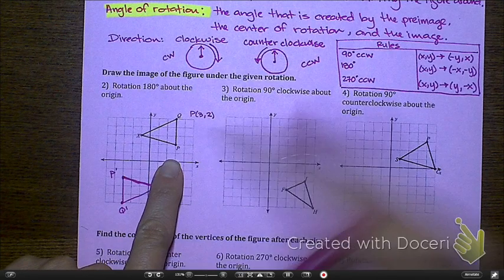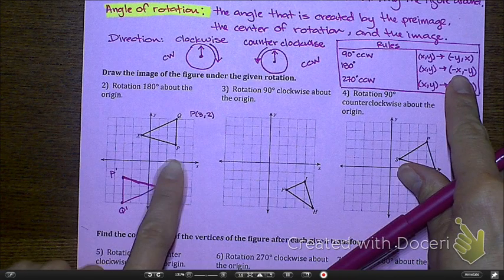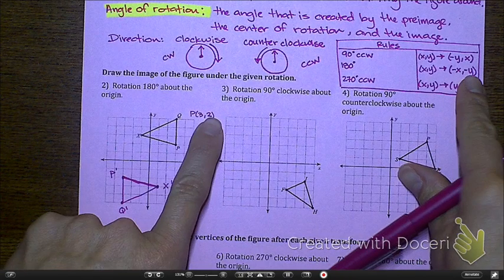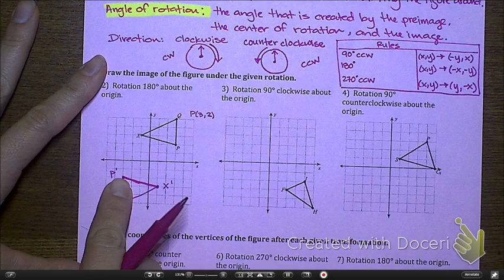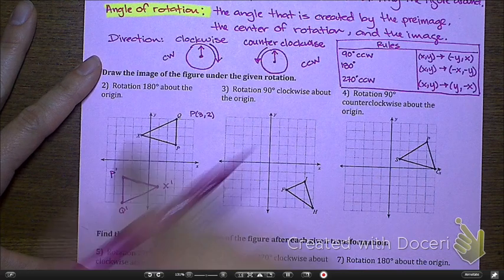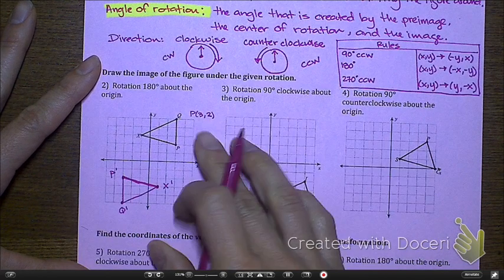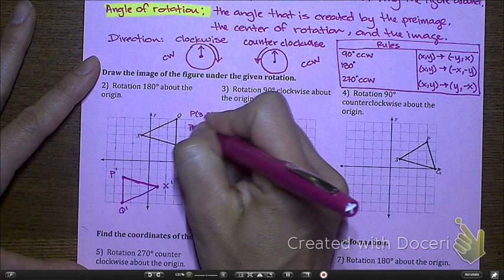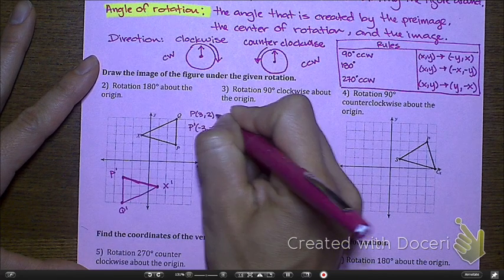What would happen if I applied this rule to P and made 3 negative and 2 negative? Where would negative 3, negative 2 be? Right there, where P prime is. So if I apply that rule, P prime ends up where it's supposed to end up, at negative 3, negative 2. Does that make sense?